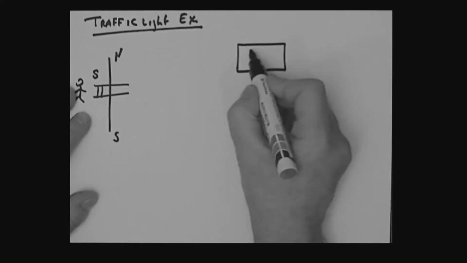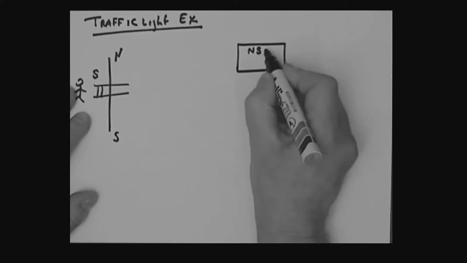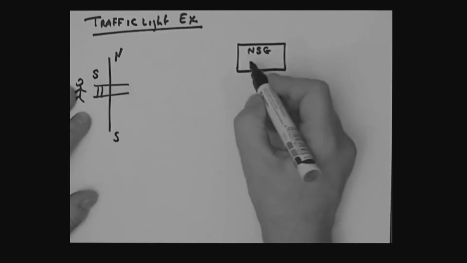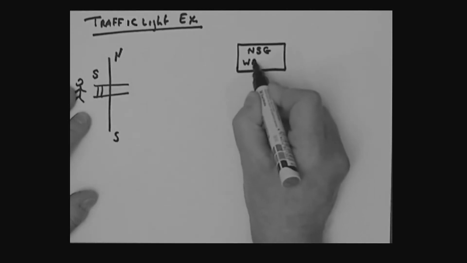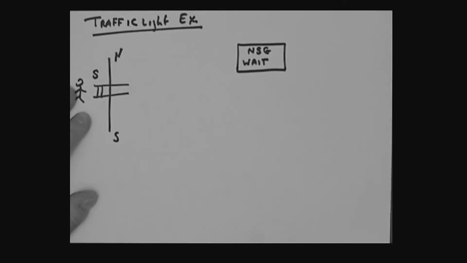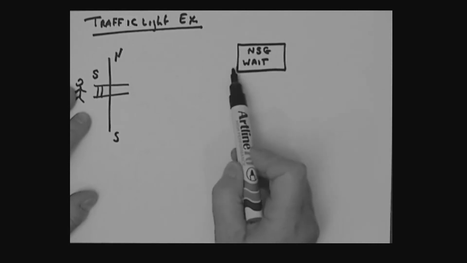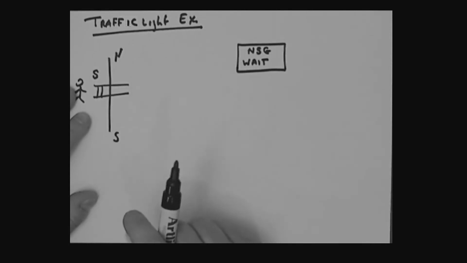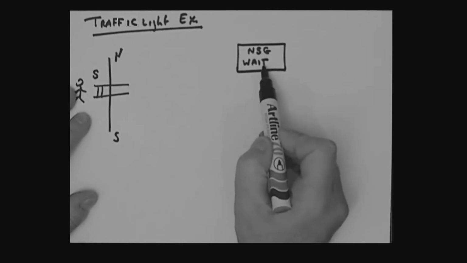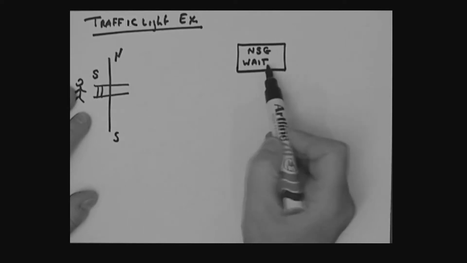So in the box, the road lights would be north-south green, and we'll signal to the people that simply says wait. It may be a light that comes up that says wait. So that's the condition that we would be in that particular state. In this box, I'm only showing you the active conditions, and so the active condition here is you've got the green light on for the traffic and the white light on for the people.